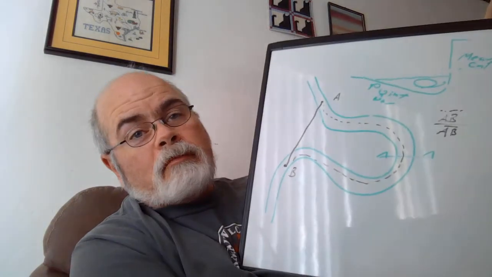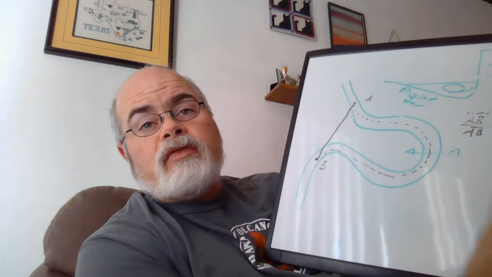Obviously, the one along the river is longer than the one by the bird. So if we do the AB distance that's dotted over the AB solid distance, we get a number that is representative of the sinuosity of the river.